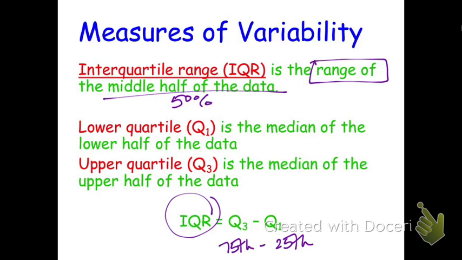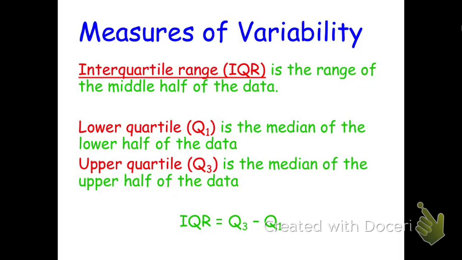So what I want you to do now is go back to your T-chart. A little bit underneath it, we're going to start a new little chart. So skip to the bottom. It's not completely done, so leave a little space.